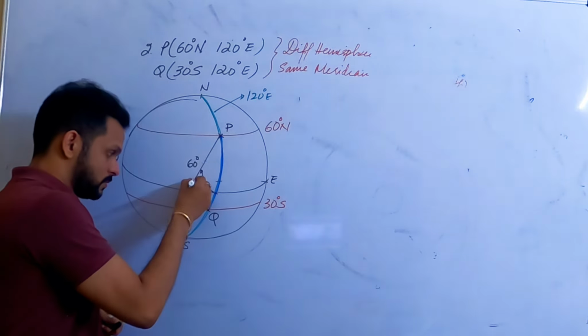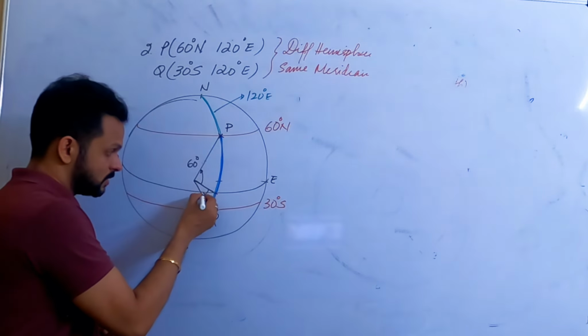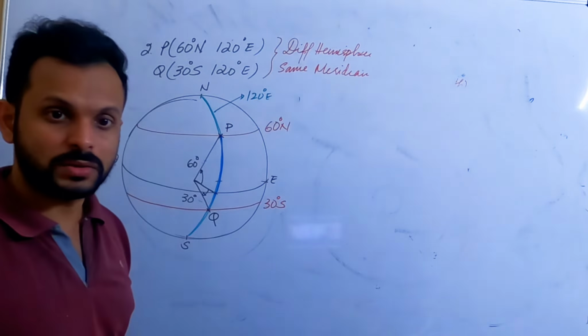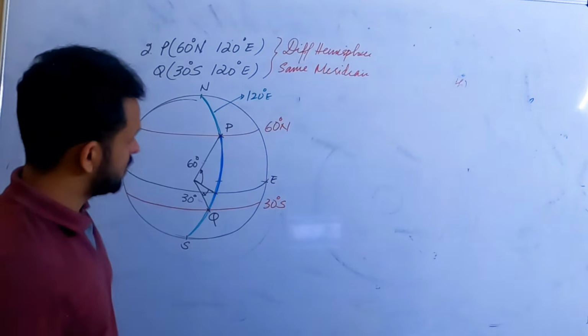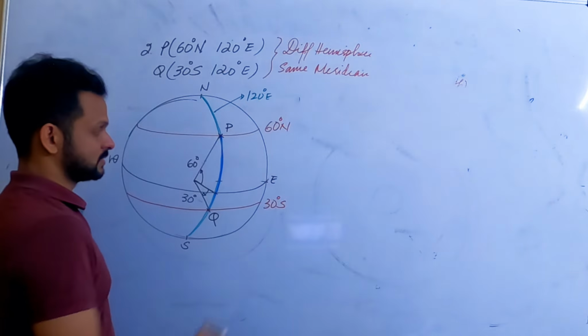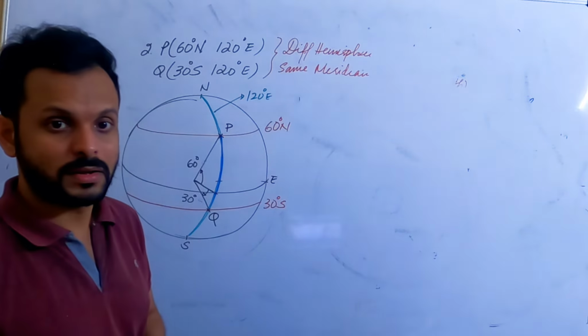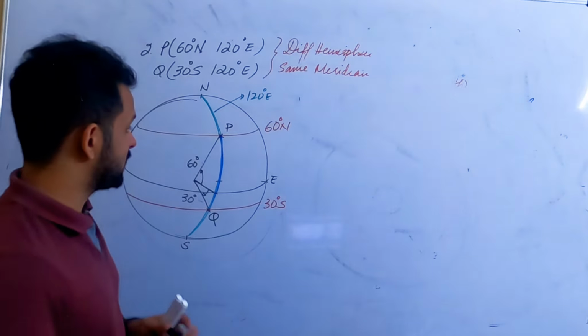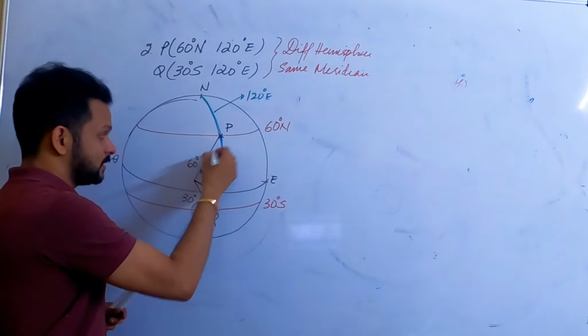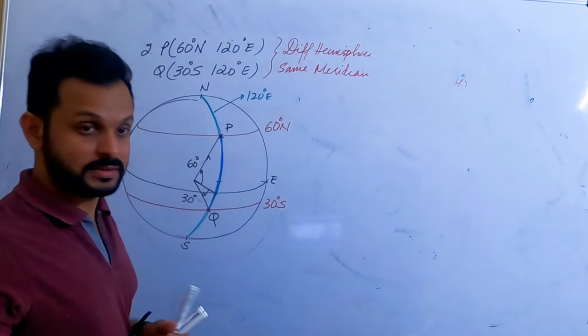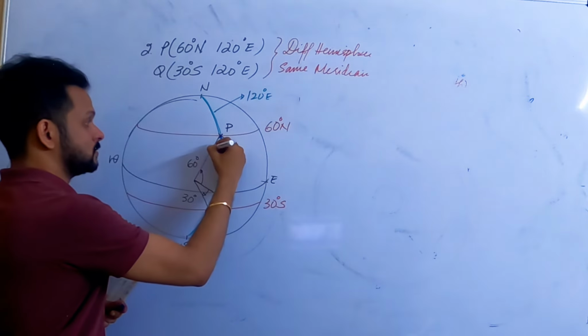Now joining Q here, this angle is 30 degrees, measured towards south, hence it is 30 degrees south. And this angle is 30 degrees because of the arc distance. Therefore, in this case, unlike in the previous case where we subtracted, we are looking at the complete distance required, therefore the corresponding angle we are looking at is the complete angle. It will be added.